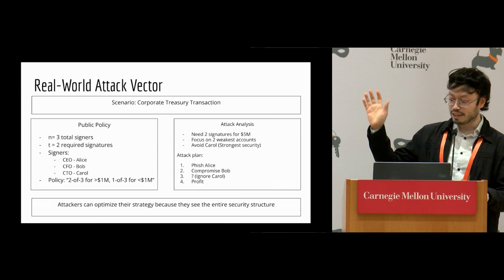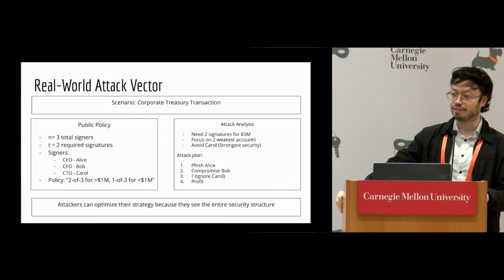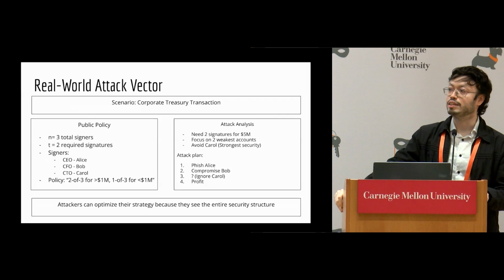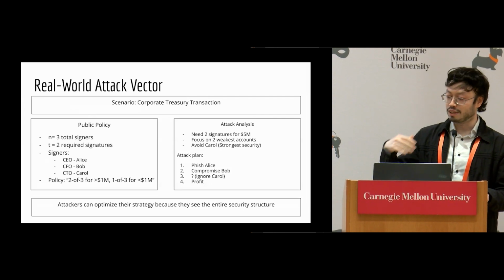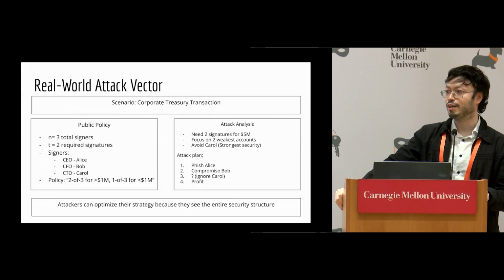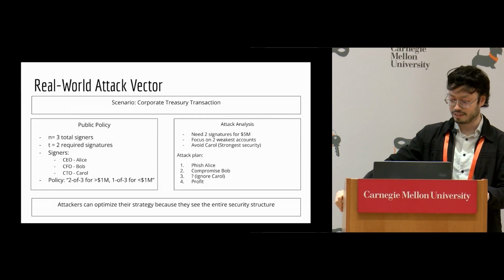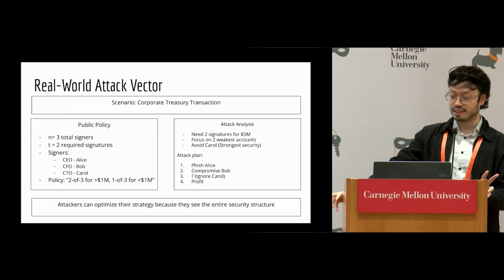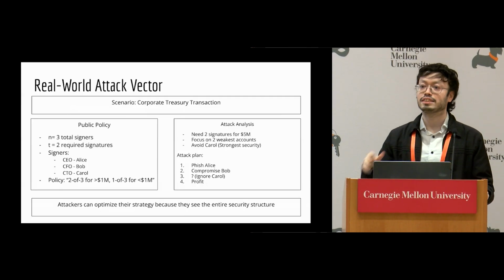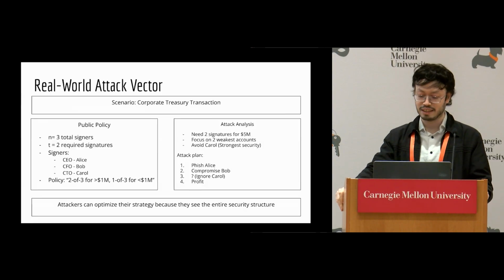So presumably, they'll focus their attack on Alice and Bob, ignore Carol, and be able to do, with various strategies that they can think of, be able to profit from looking at this transaction structure, okay? So essentially, the point is the attackers can optimize their strategy because the transaction structure is visible, okay?